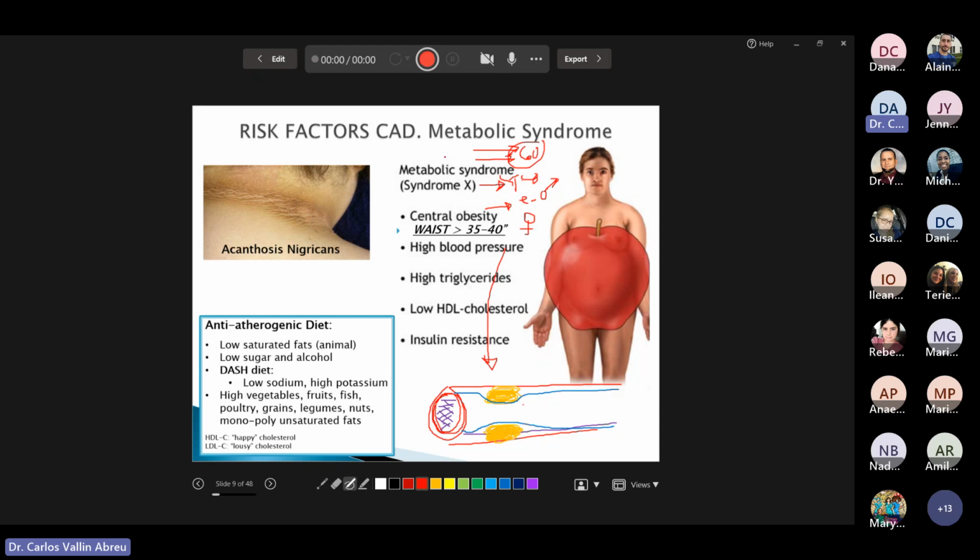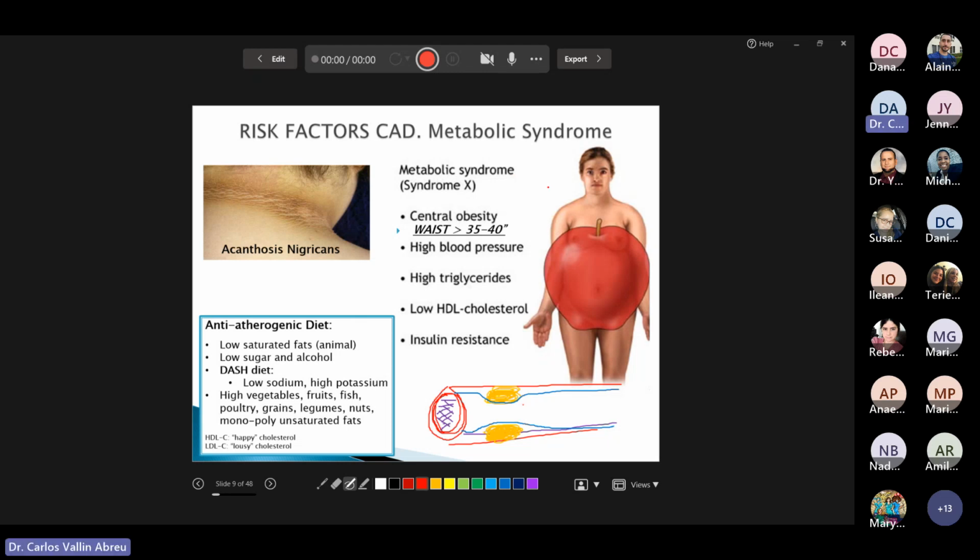But there are risk factors that can be modified. For example, hypertension can be modified. You can treat your hypertension. Diabetes is an important risk factor, can be modified. You can control your diabetes. High cholesterol can be modified. You can control your cholesterol.